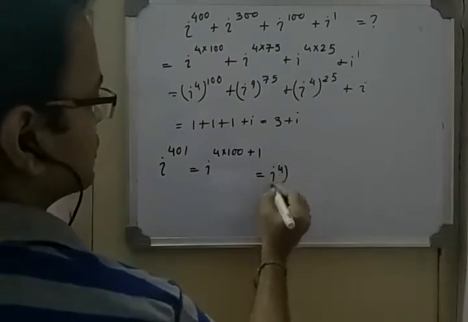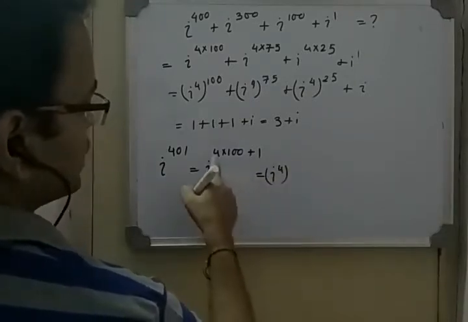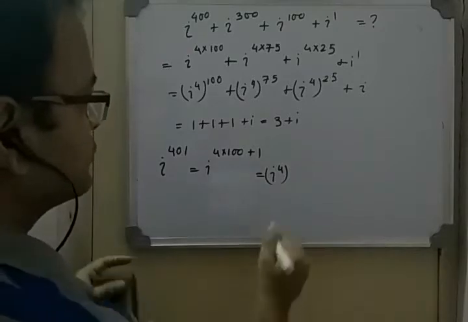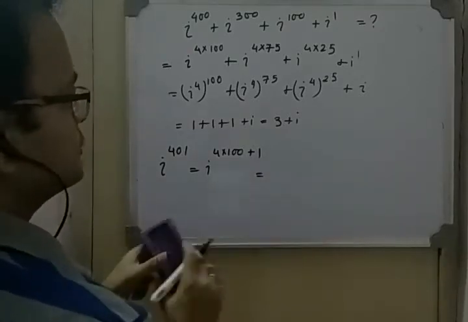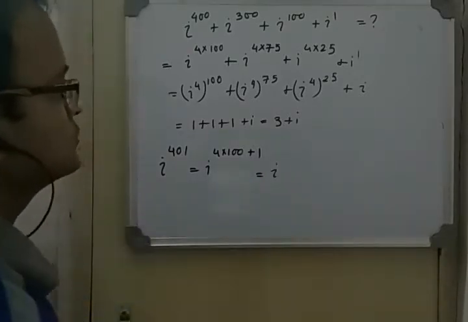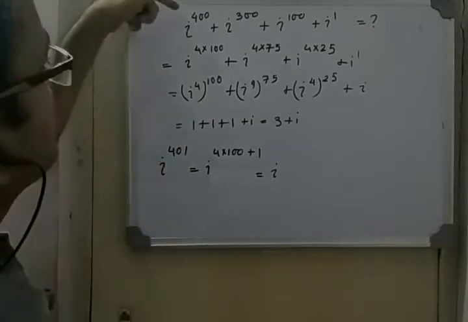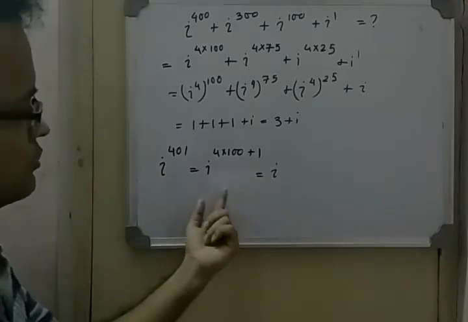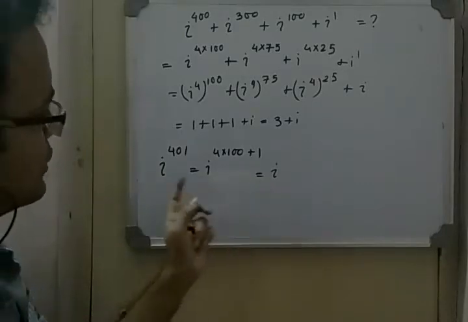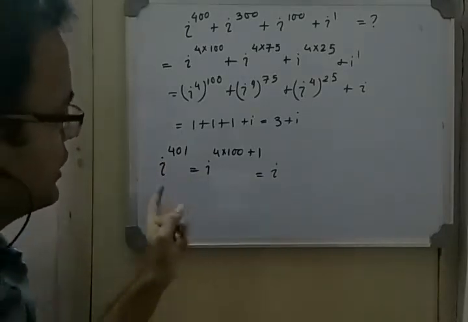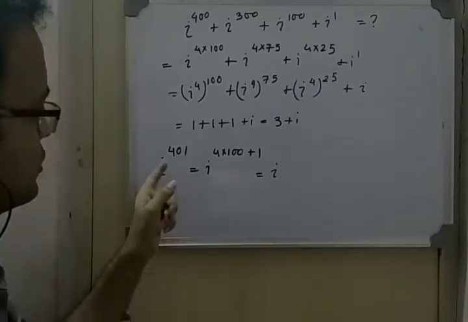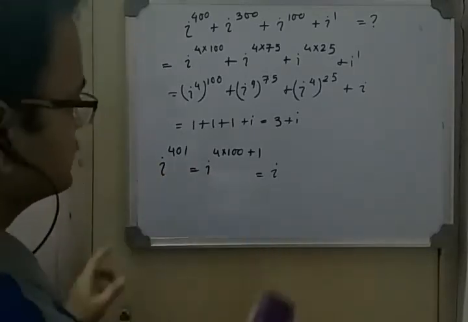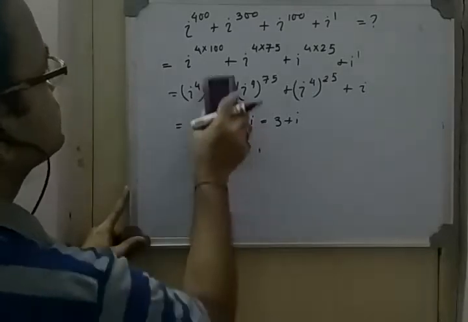So i to the power 4 into i to the 4k plus 1, it is in that form. So it is i. Similarly, if any other number is given like 401, 402, 403, you can use this to make those i to the 401 to i, i to the 402 to i square, i to the 403 to i cube, like this. And then you can solve.